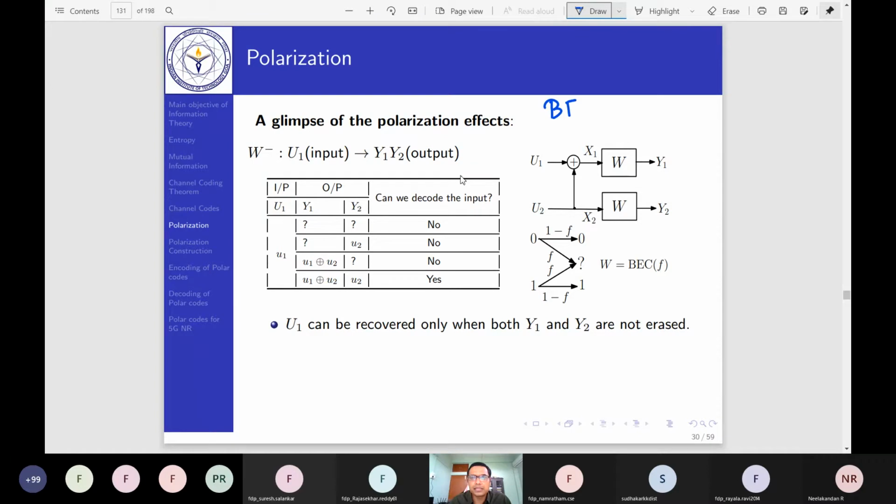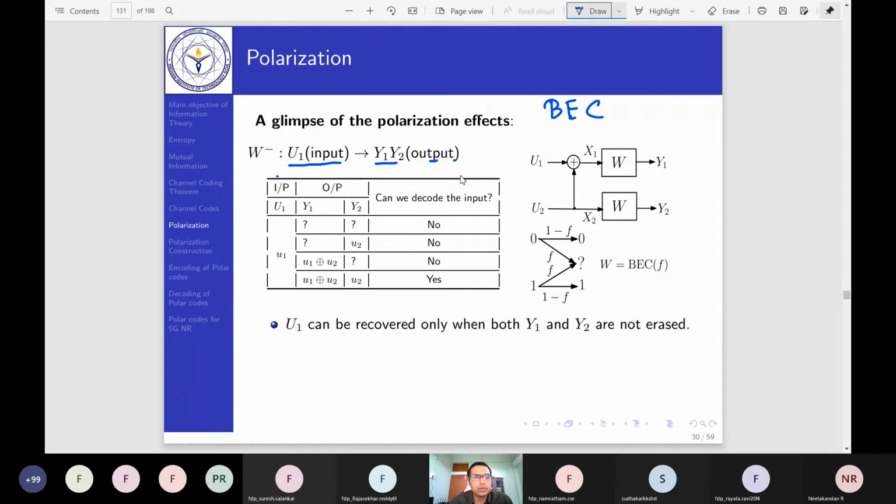Let us try to understand this polarization effect for the binary erasure channel, BEC. W minus has U1 as input and Y1, Y2 as the output. Try to understand this table.